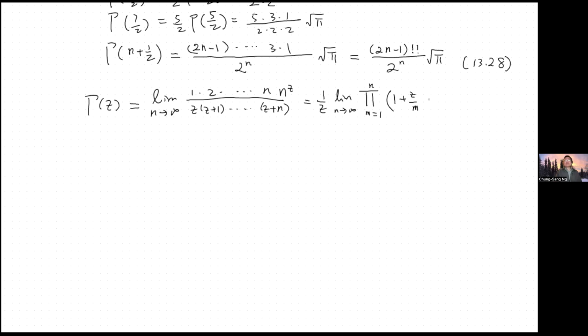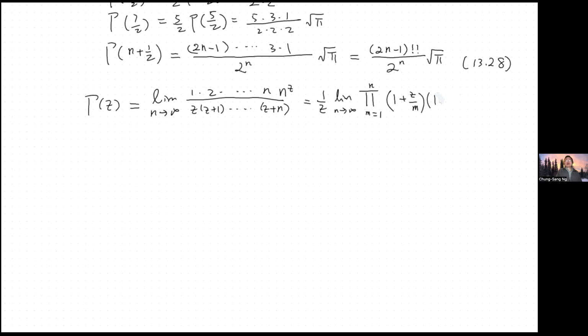Then the next one is z plus 2 divided by 2, which is 1 plus z over 2. Since we are writing it as an infinite product, we don't need to keep writing it out.